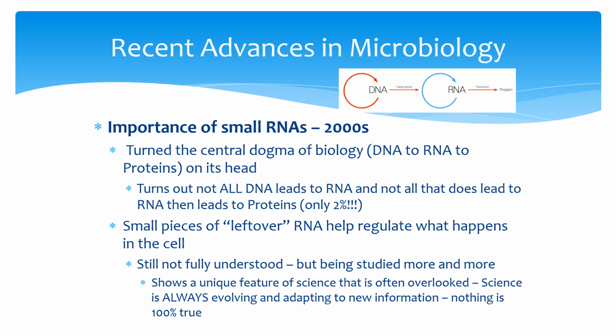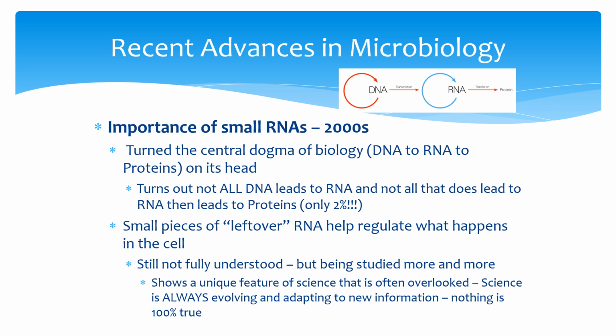So what we're seeing is potentially that the central dogma might not be true. It might actually be a little bit of BS. It turns out that not all DNA leads to RNA, and not all of that RNA ends up leading to proteins, only about 2%.